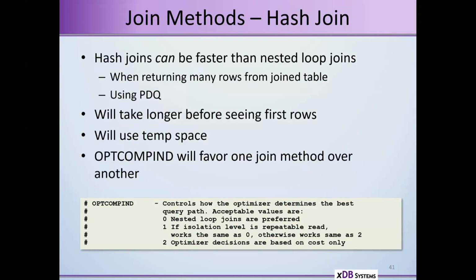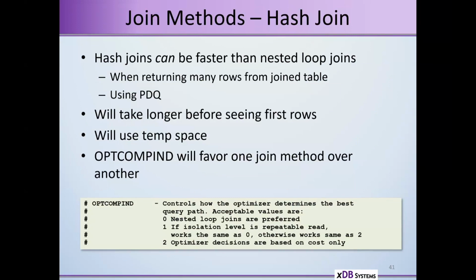And they're normally used in data warehousing environments where you're reading a ton of data and you don't need to care about the speed at which you start seeing data retrieved, as you might in an OLTP environment. Now, they're really good when you're reading lots of data and you're using PDQ.